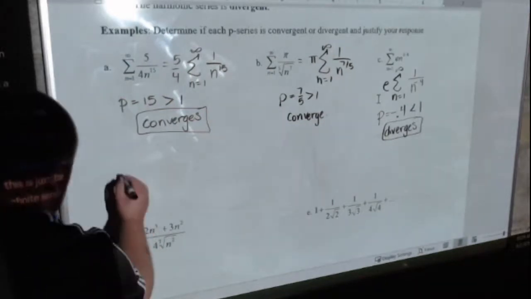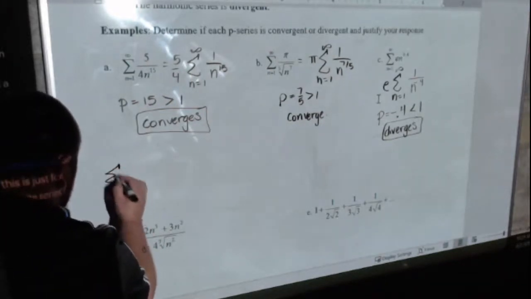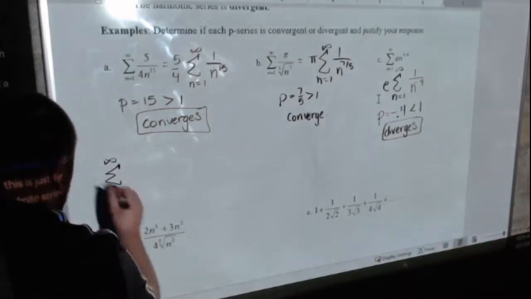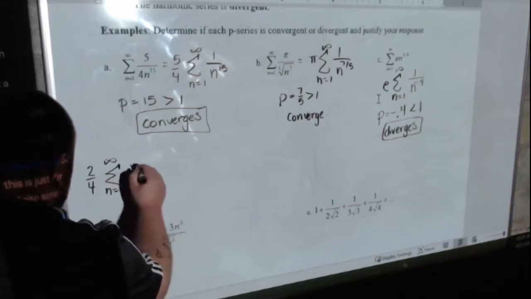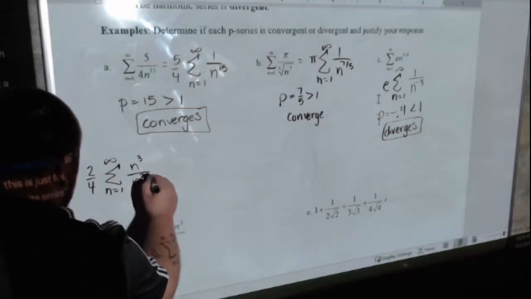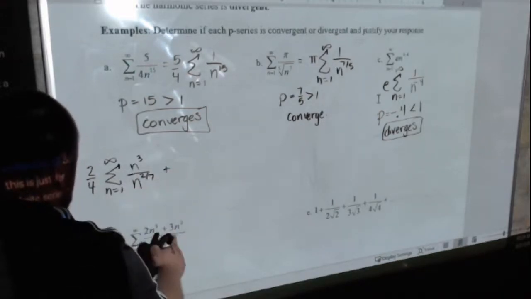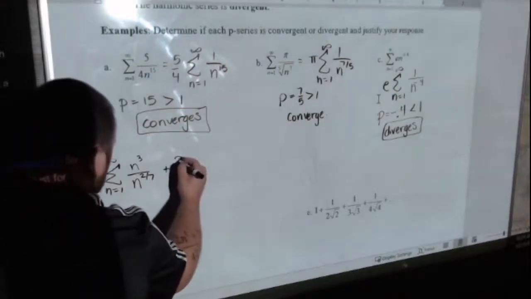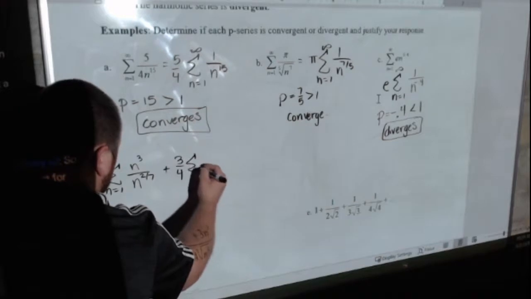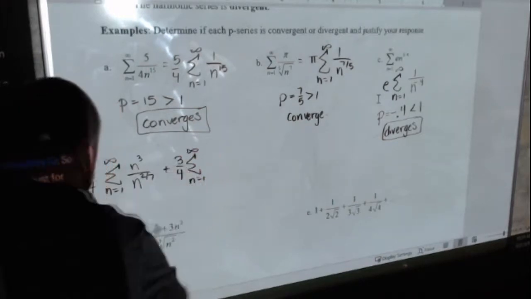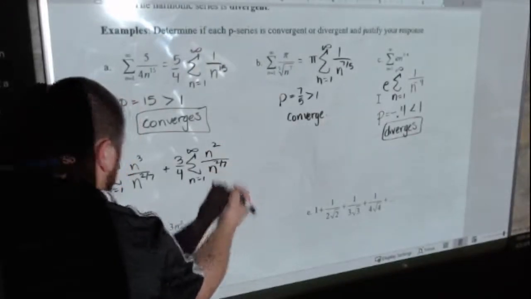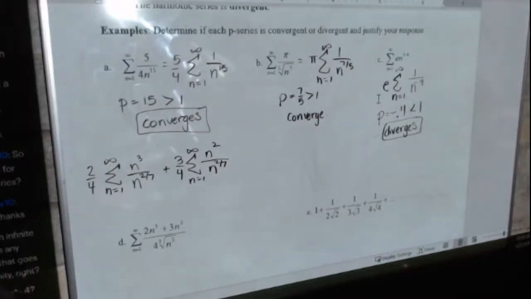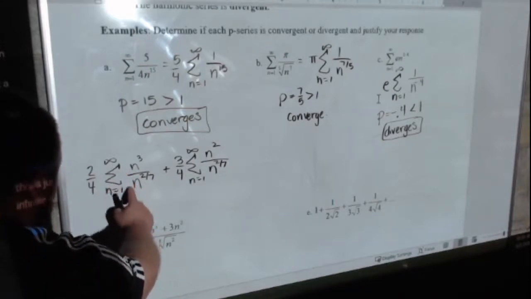So this is now going to become 2/4 n cubed over n to the 2/7 plus this will be 3/4. So then I really care about what happens when I reduce these.